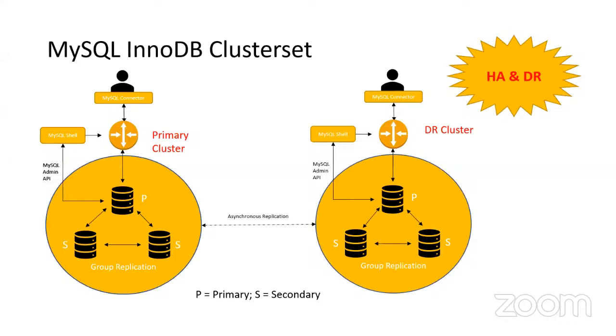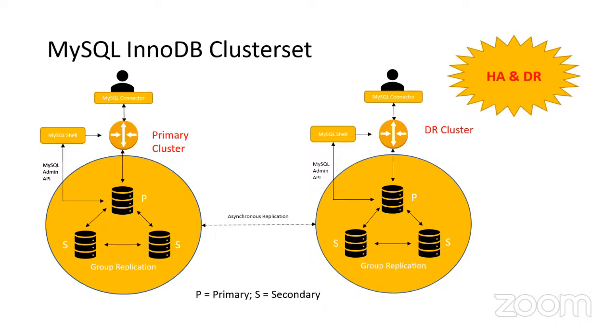Let's say, for example, the left-hand side is completely inaccessible. Then on the right-hand side, your primary server becomes the primary cluster, nothing but one of the nodes will be in read-write, and the remaining two will be in read-only mode.